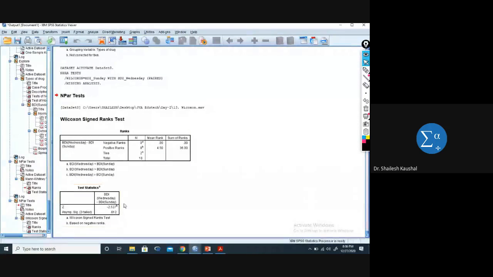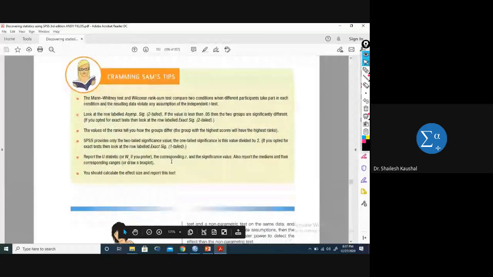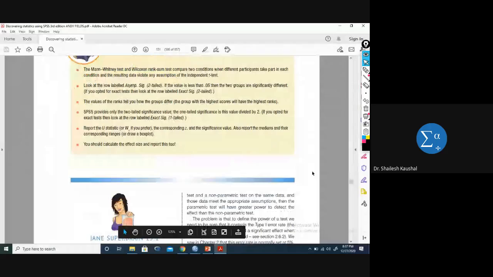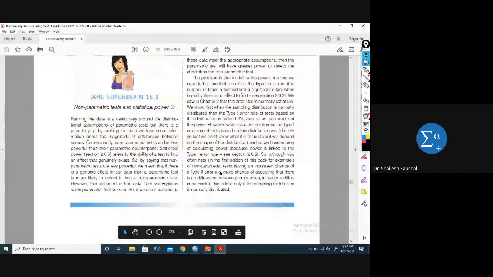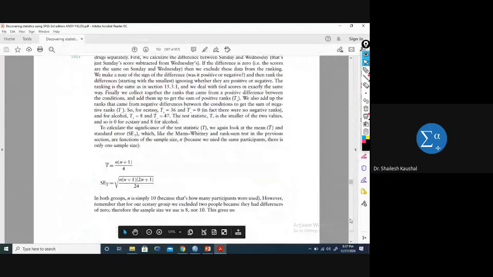So it means there is a significant impact because p value here less than 0.05. If we give the tablet continuously to the patients, then it reduce the depression level. How to report? You can report through this table. You can use this.